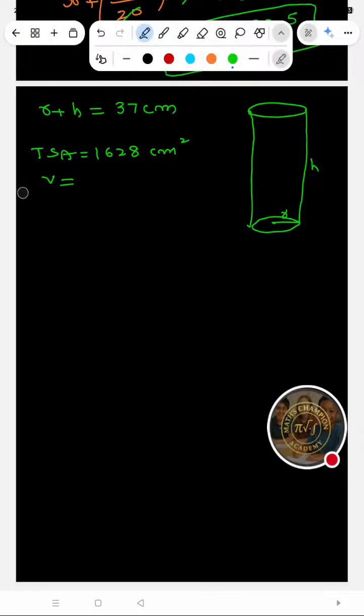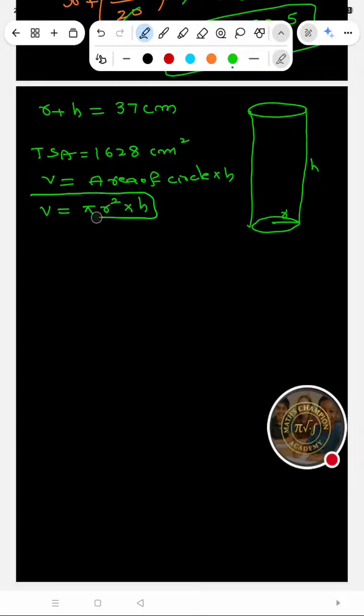First find the area of the circle, then area of circle into height, you will get the volume of the cylinder. Area of circle is nothing but pi r square, multiplied with the height. It is the formula for the volume of the cylinder.